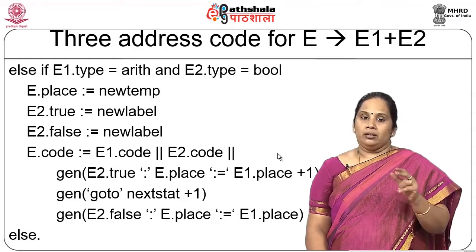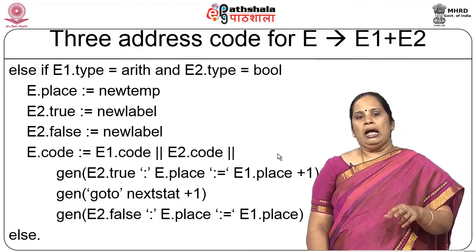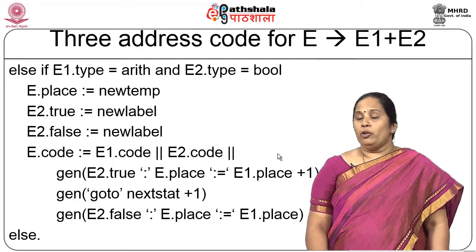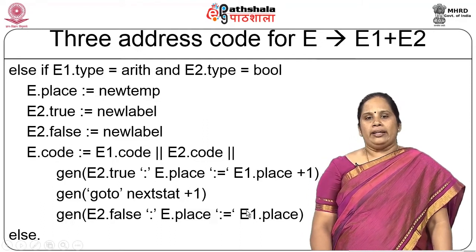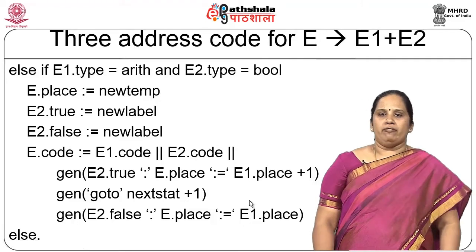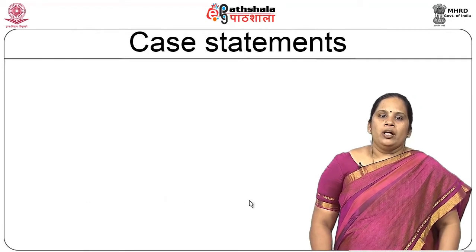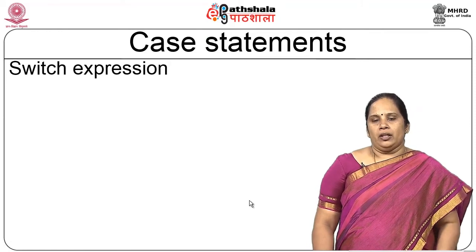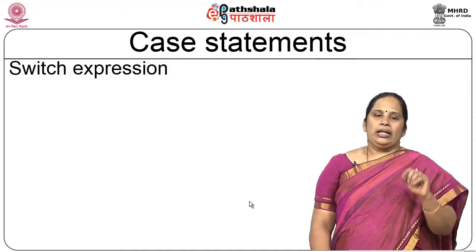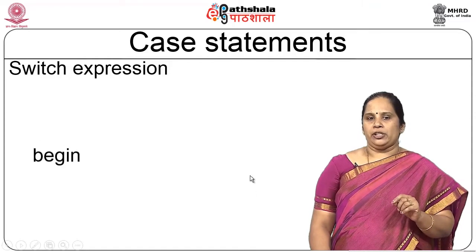I will retain the count as 2 if both are true, and I will retain the value as 0 if both are false. If one of them is true, I will increment it by 1. If both are false, I will simply have the same value. So that could be your computation. That is just extra information that we should know while handling mixed operands involving expressions.